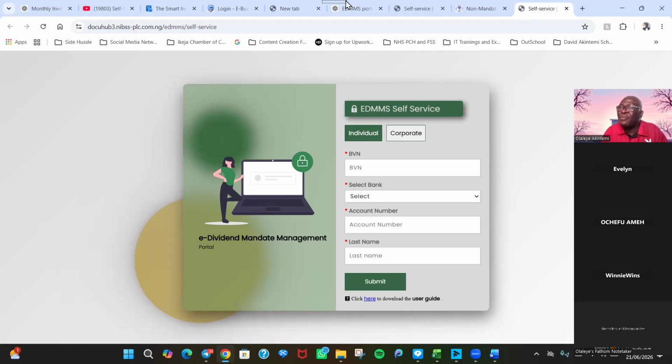Because remember, the money for the dividend is with the registrar. And if you cannot complete this information online because something has changed and you need more documents, get all the documents you need first and then write a letter to the registrar.